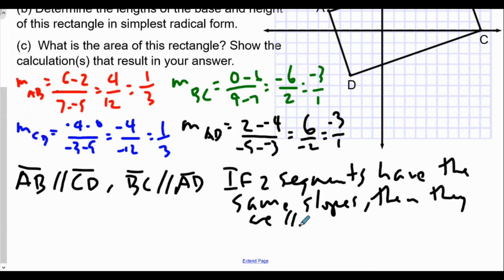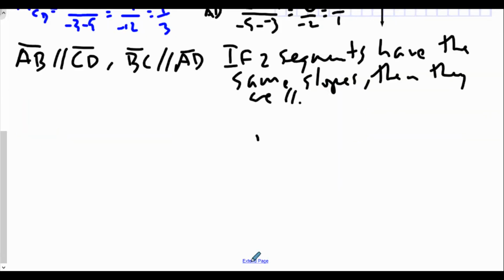We continue to prove now that if we have a quadrilateral with both pairs of opposite sides parallel, it must be a parallelogram. So we'll say quad ABCD is a parallelogram.